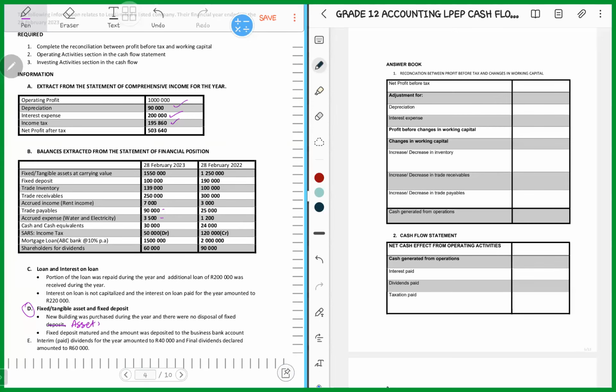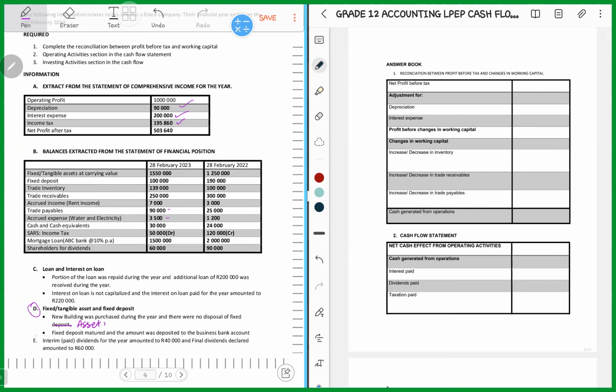Meaning that they acquired additional buildings. They did not dispose of any fixed assets. Then they're saying the fixed deposit matured and the amount was deposited into the business bank account. It means here it is a decrease in fixed deposit, and a decrease in fixed deposit is an inflow.